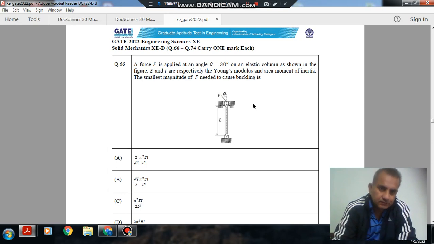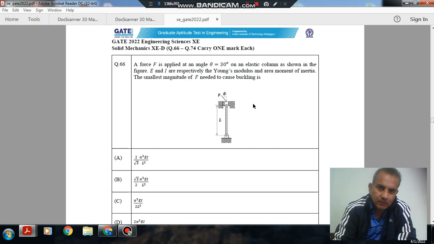Question number 66. A force F is applied at an angle theta equal to 30 degrees on an elastic column as shown in the figure. E and I are respectively Young's modulus and area moment of inertia.